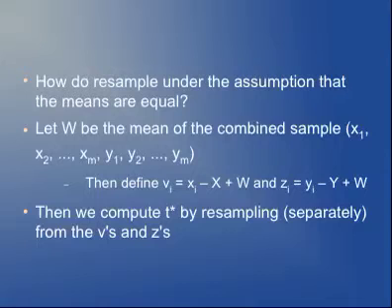And if the null hypothesis is true, then the distribution of the t-statistic applied to these v's and z's should be the same as the distribution of the t-statistic on the original data. So we can compute t star by resampling separately from the v's and the z's.